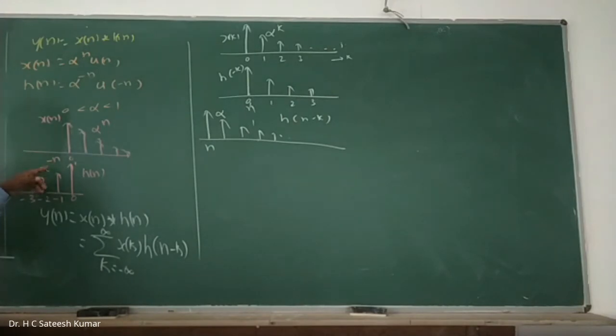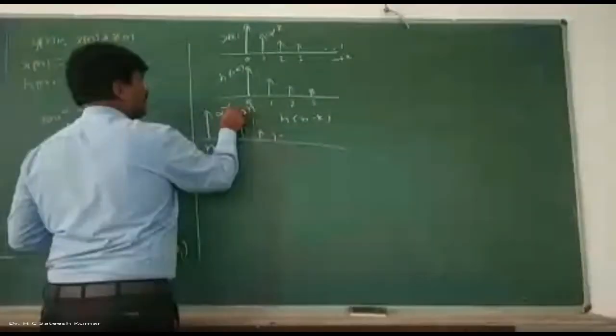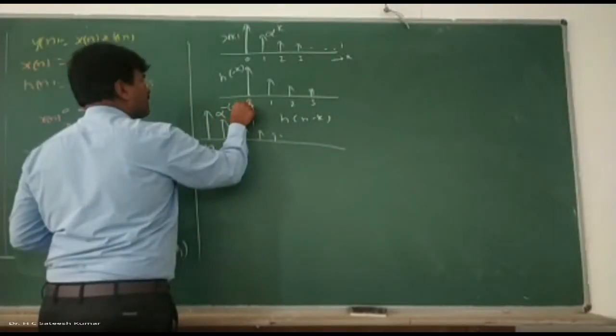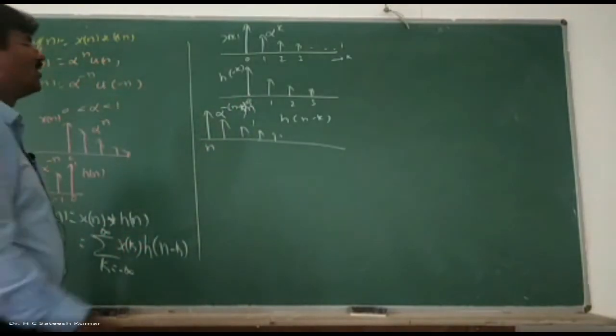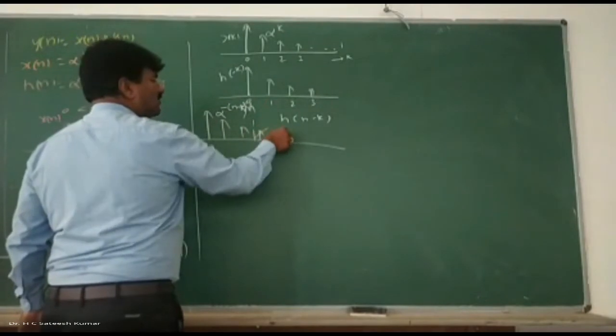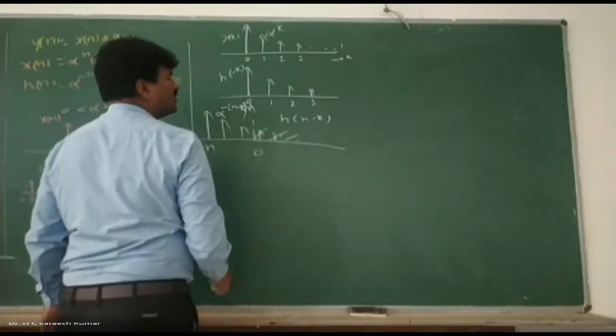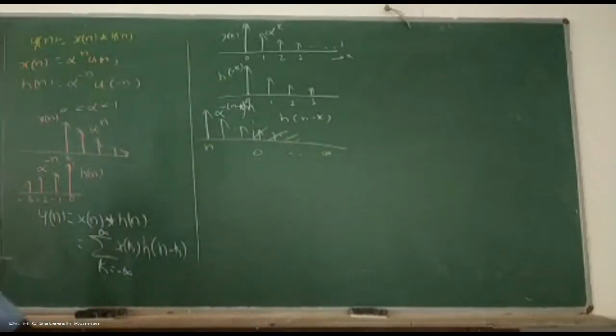Therefore, alpha to the power of minus of n minus k. This side is the overlap, so the overlapped area is from 0 to infinity, because the first one is also from 0 to infinity.